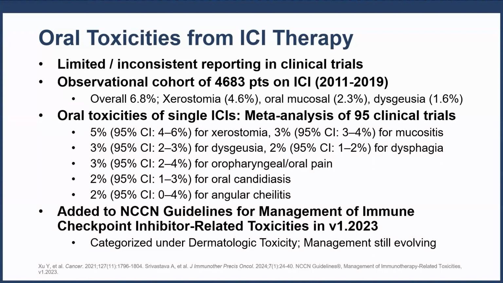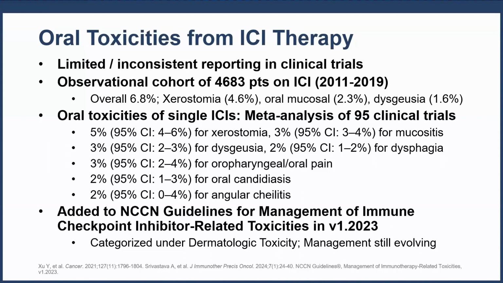And there's a little bit of, I think, still growth to be had in this field with us understanding maybe what is actually caused by ICI therapy, what maybe there is overlap with. And so keep that in mind as we discuss these, that this is kind of our best shot right now at trying to understand and describe what we currently know from oral toxicities and how to manage them.